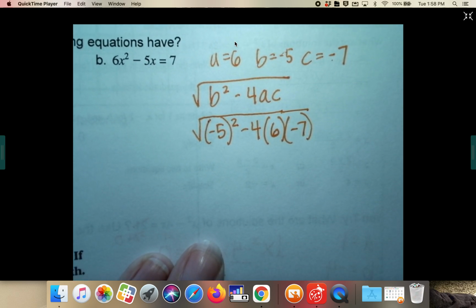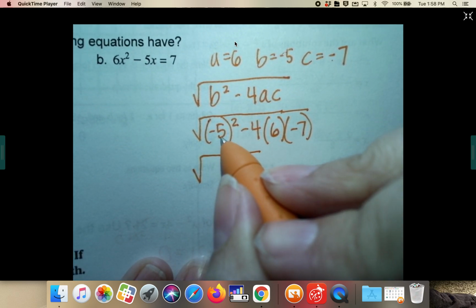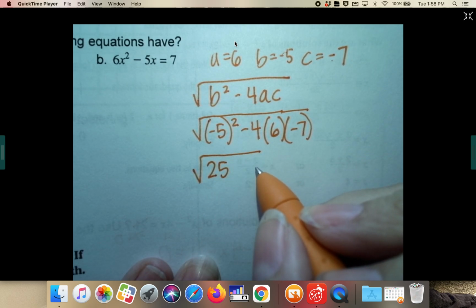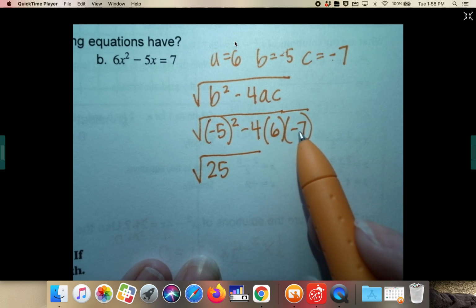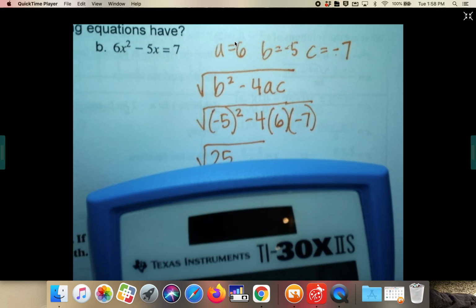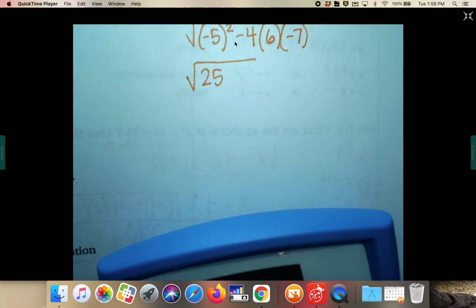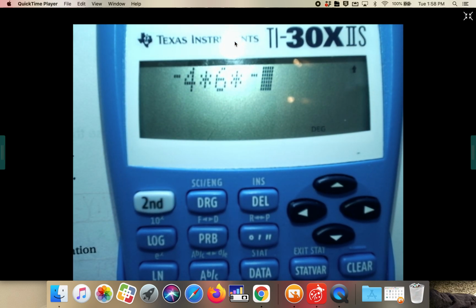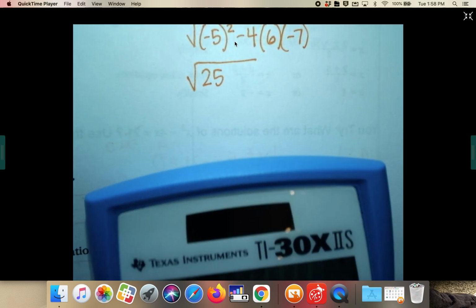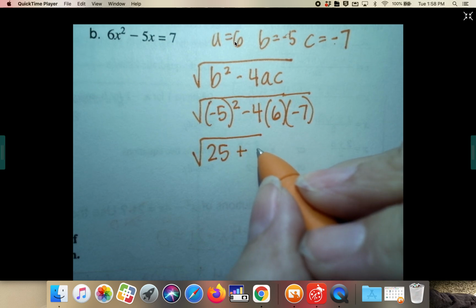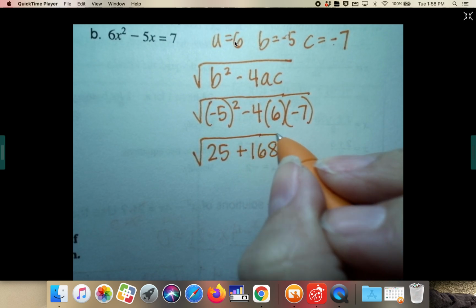All right, let's just start working it out. -5 times -5 is positive 25. -4 times 6 times -7 is 168. So it's going to be plus, because it's a positive, 168.